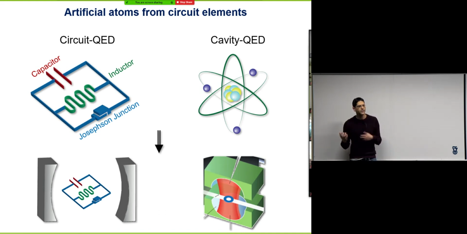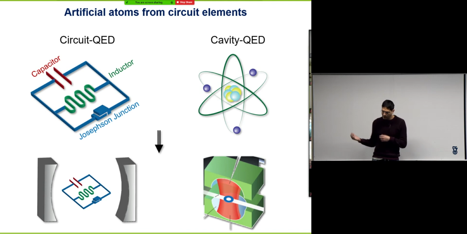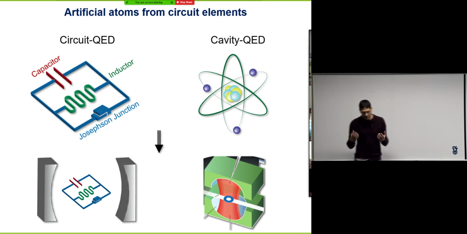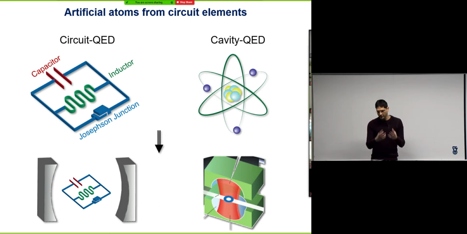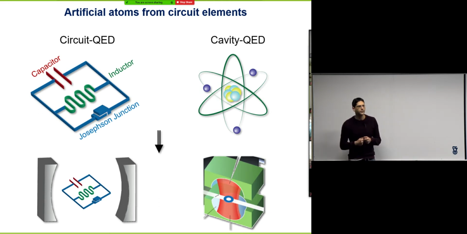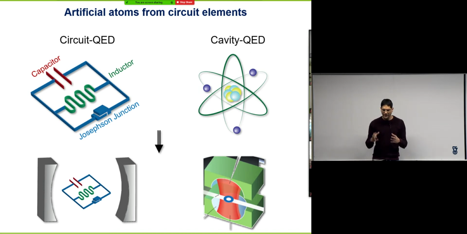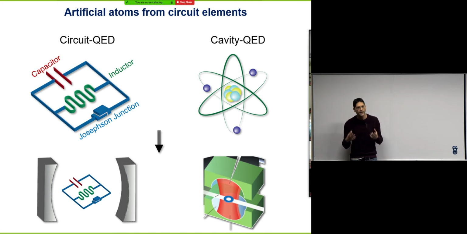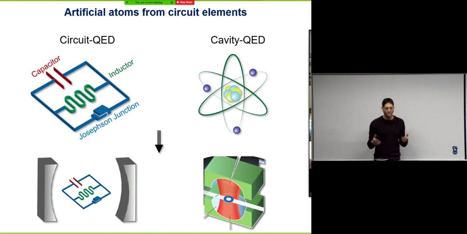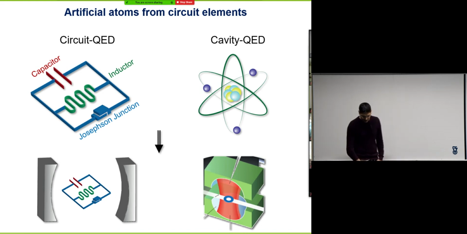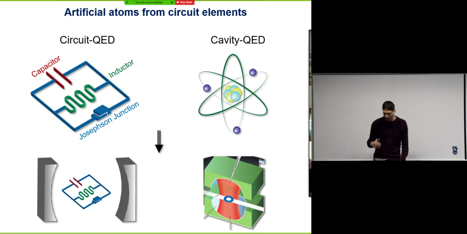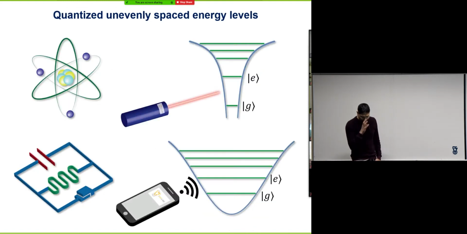In the same way that in cavity QED, the previous system that we saw, atoms go into a cavity, here these circuits are immobile, so they go in a chip, but they're physically placed in these cavities. As you take this artificial atom and place it in a cavity, it forms the same Hamiltonian, the same system as a Jaynes-Cummings Hamiltonian, and we're going to see how that becomes a platform for quantum computation.